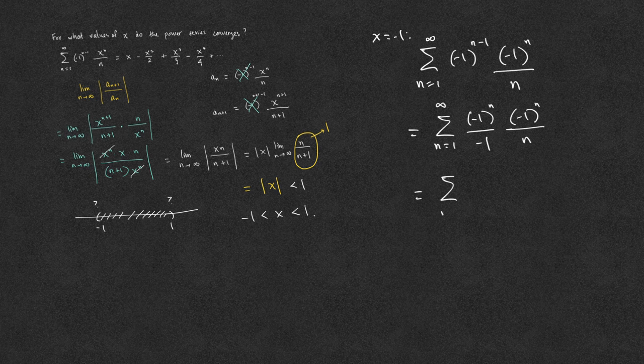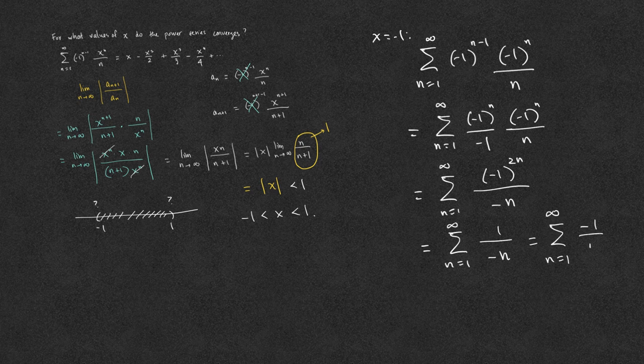The numerator is (-1)^(n+n), which is 2n, over negative n. But if we take negative 1 raised to an even number, then it is positive 1. So the numerator is positive 1 and the denominator is negative n. And this is the series as n goes from 1 to infinity of negative 1 over n.